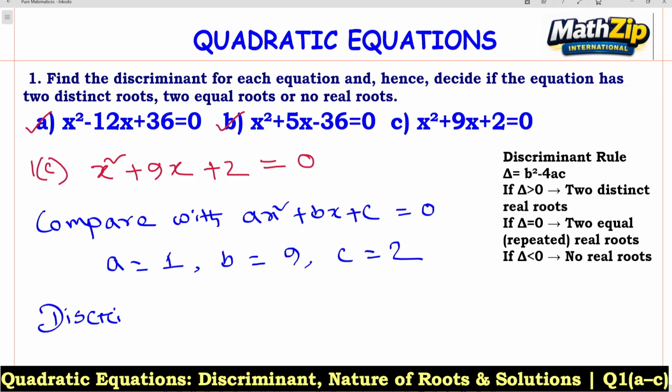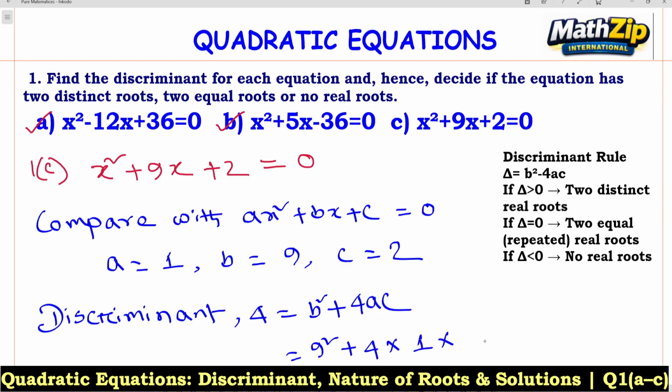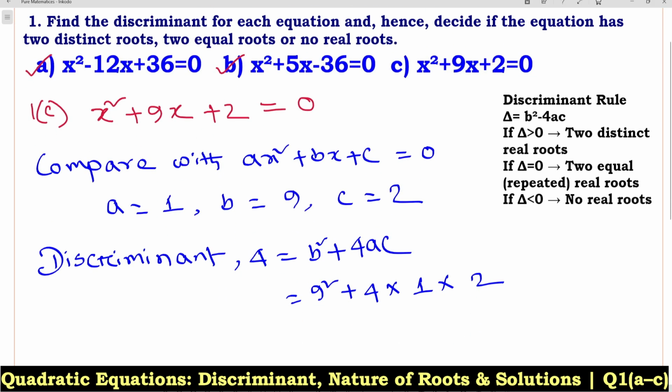Discriminant delta equals, we know, b square minus 4ac. So b means here 9 square, 4 times a, which is 1, times c, which is 2. So 9 square is 81 minus 4 times 2, 4 times 2 is 8. 81 minus 8 is 73.